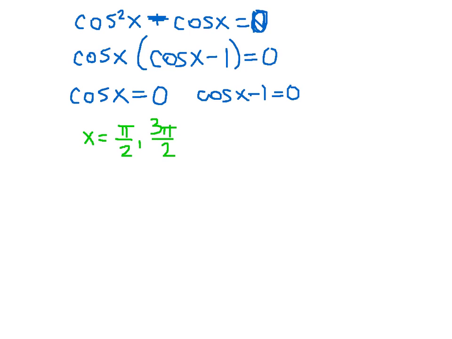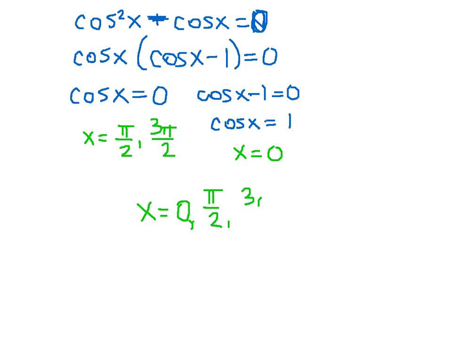And on the right, when we finish solving this one, we get cosine of x equals 1, and this only occurs in one place, at x equals 0. So your final solution ends up being x equals 0, pi over 2, and 3 pi over 2. And that is how you can use a half angle formula to substitute in and solve, using factoring techniques and problems you've done before.